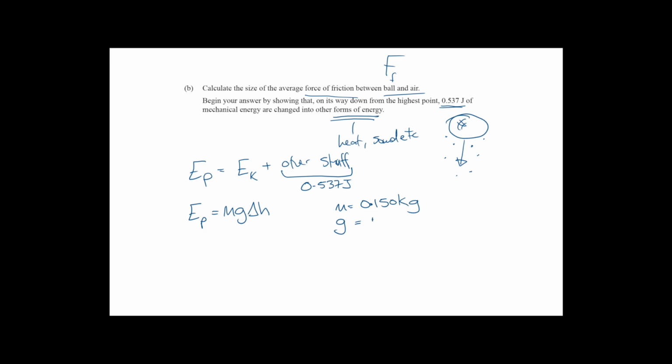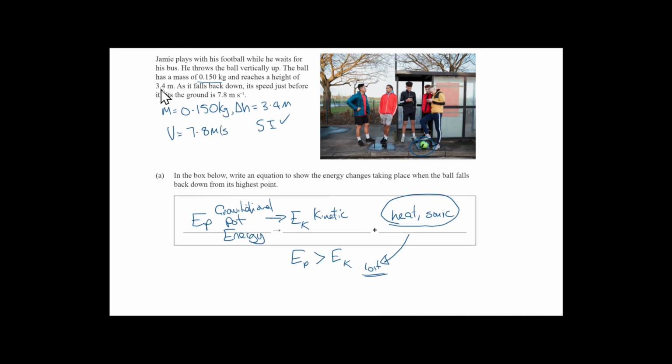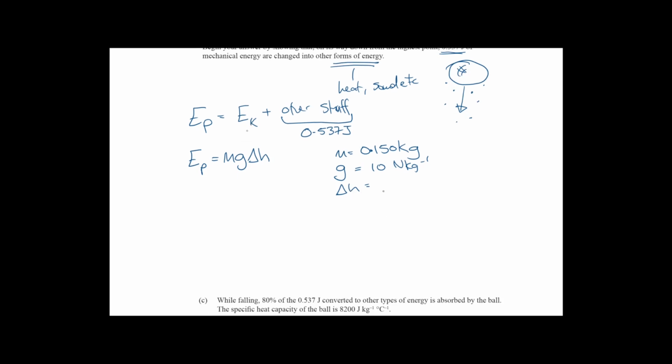Gravity, we're given that it's 10 newtons per kilogram, and change of height is given as well, 3.4 meters. They're all in SI units, so we can proceed. So mass times gravity times 3.4.